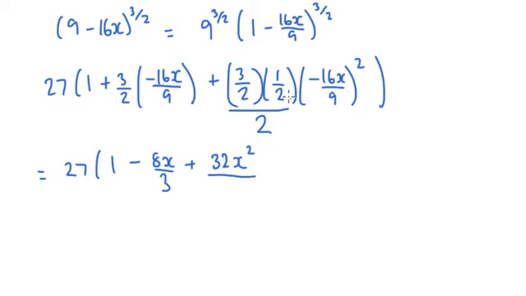On the bottom, it's going to be 27. 3 divided by 81 is 1 over 27. And then we're just going to bring this 27 in. So the final answer is going to be 27 minus 72x, and the 27 is going to cancel here, so that's going to be 32x squared.